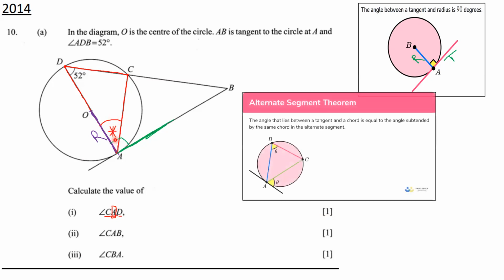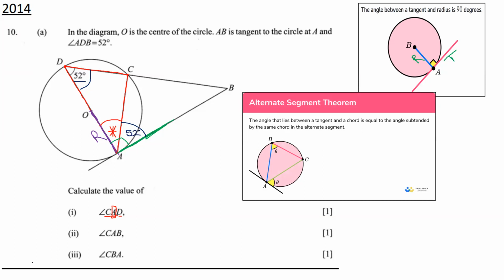We could also use the alternate segment theorem. It tells us that if this angle right here is 52, then this angle right here is also going to be 52 degrees. How do we know?